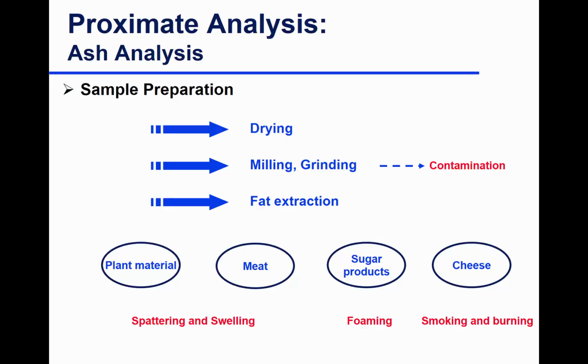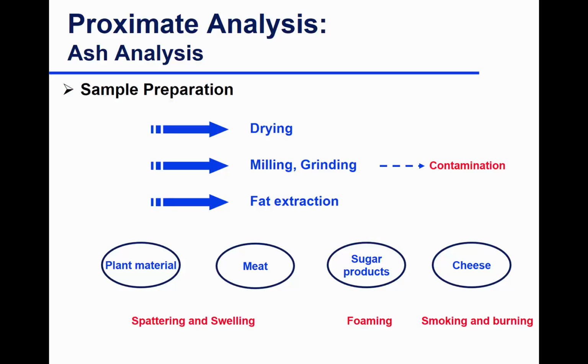You cannot put chunks in there. But one thing you want to watch out for, especially if you want to determine mineral content, is whatever you use to grind your sample. If you're using a small mill made of metal, you might contaminate your sample with the metallic component of that mill. So gotta watch out for contamination, keep that in mind.